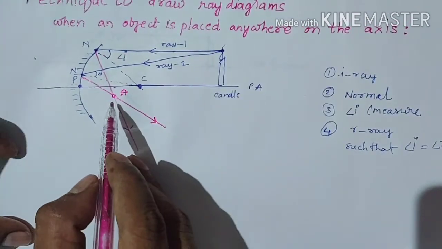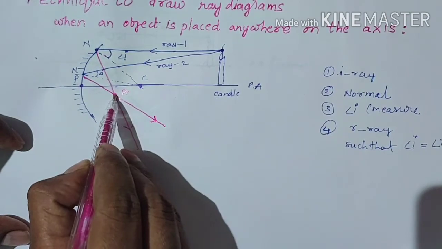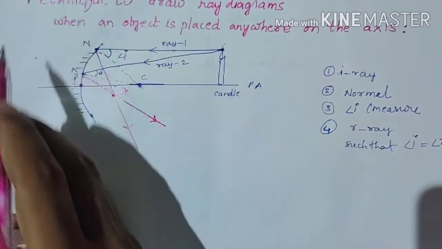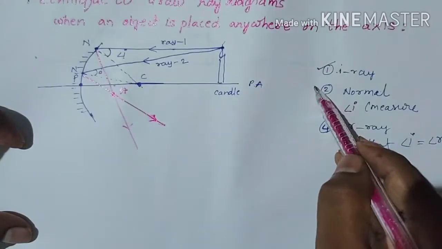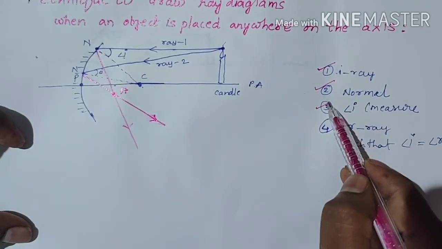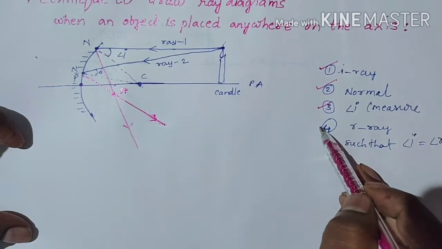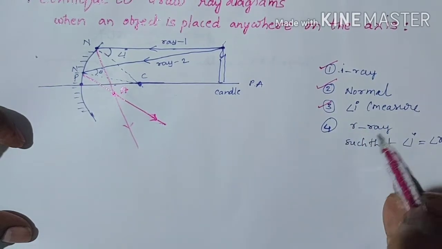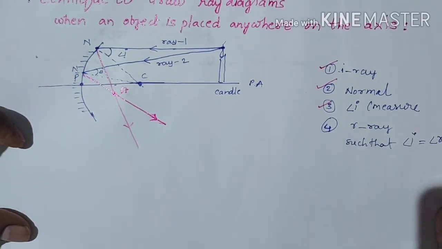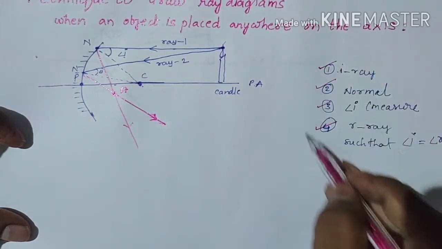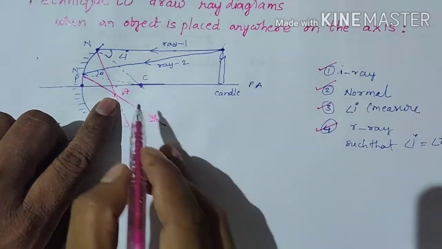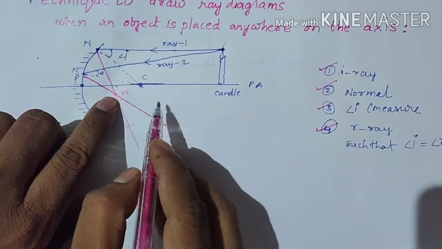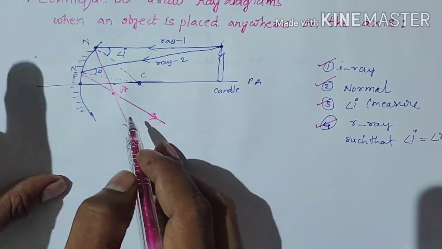So to get this point of intersection we have done all the process. We have drawn the incident ray, the normal, measured the angle of incidence, then constructed the reflected ray such that angle of incidence equals angle of reflection. So we have followed 4 steps to find this point of intersection. What is the importance of this point of intersection?